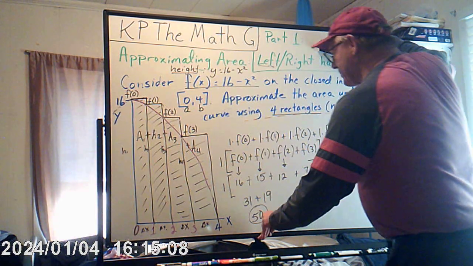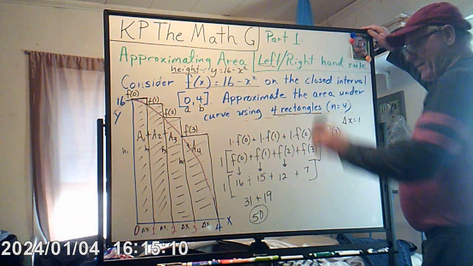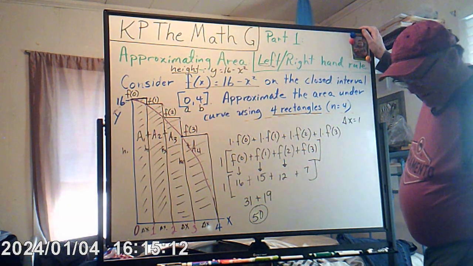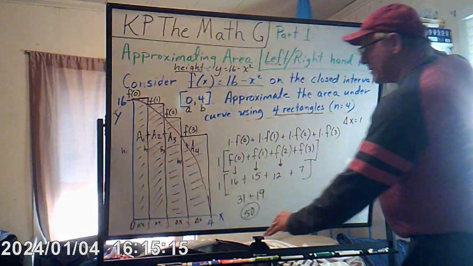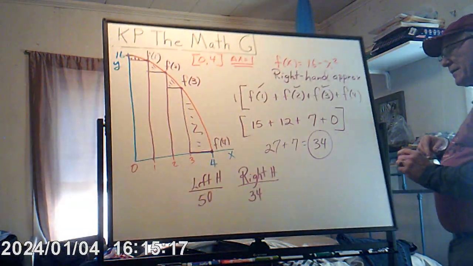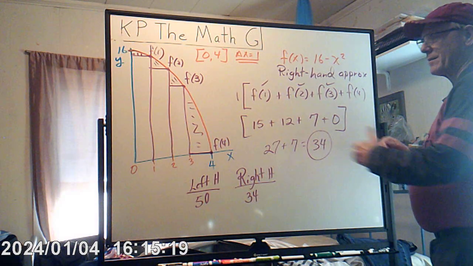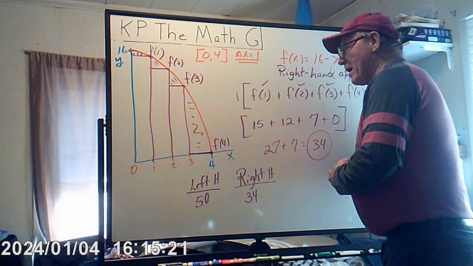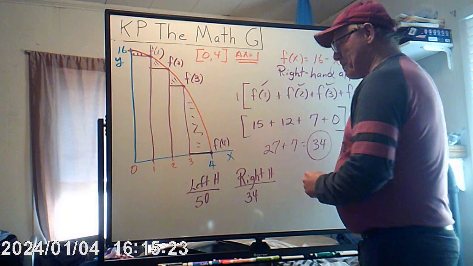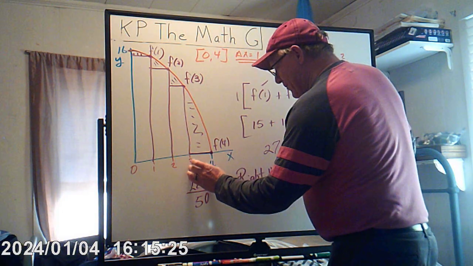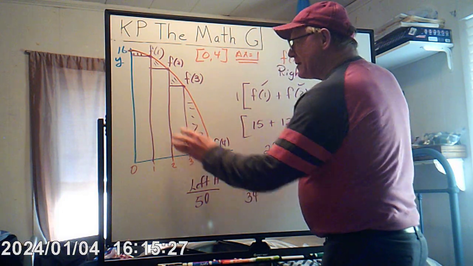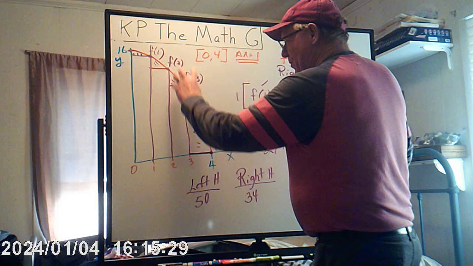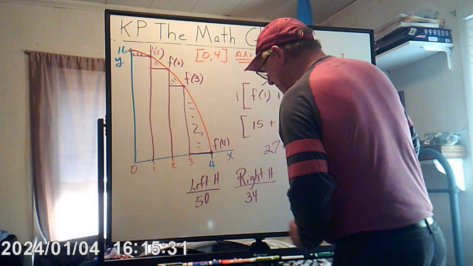That's the left hand rule. When we did the right hand rule, we started from the right. We noticed that from 3 to 4 there is no rectangle, and we only summed up 3 rectangles.